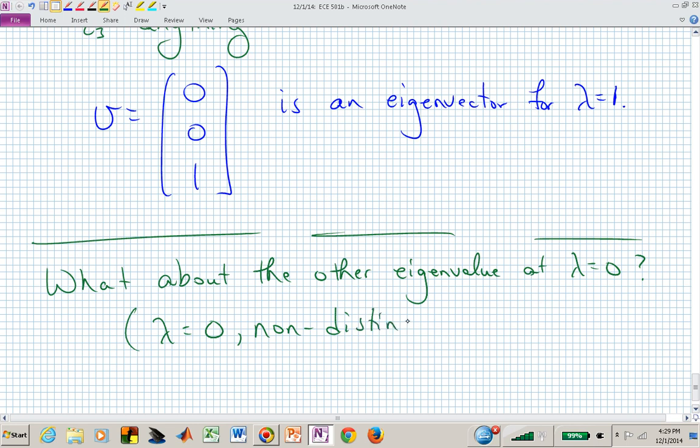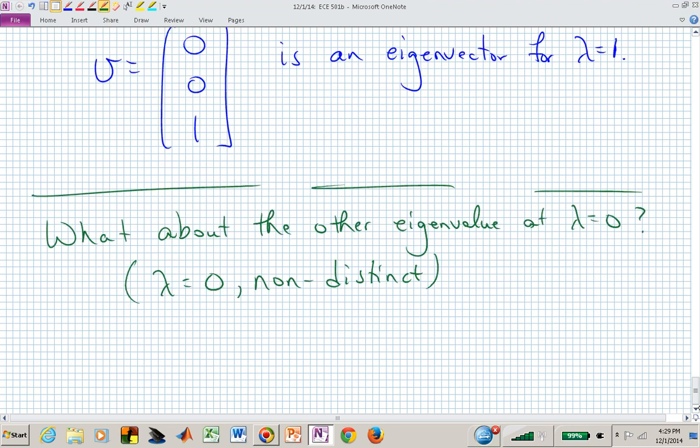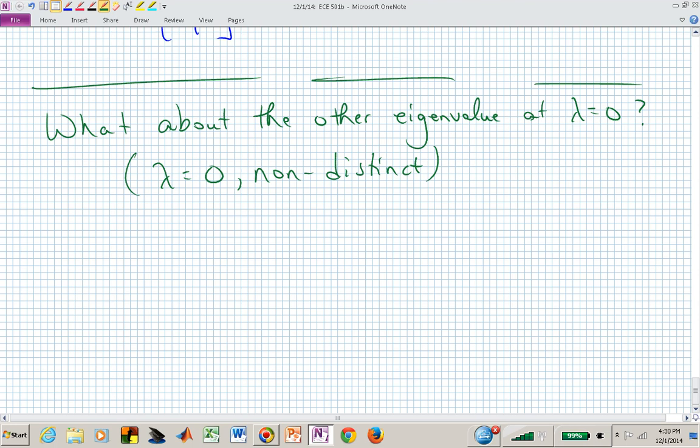And as I said before, when we first learned our eigenvalues, we sort of knew something might be problematic since we didn't have 3 distinct eigenvalues. Lambda equals 0 is repeated.